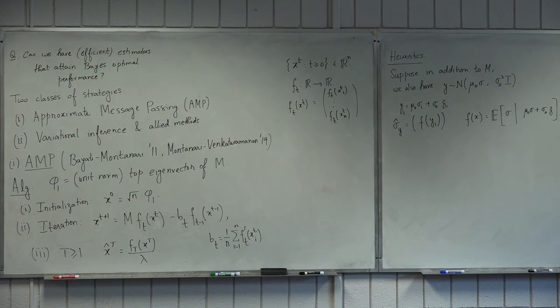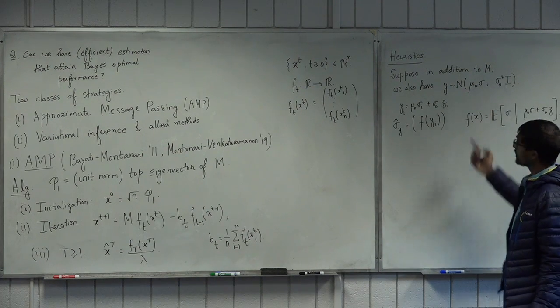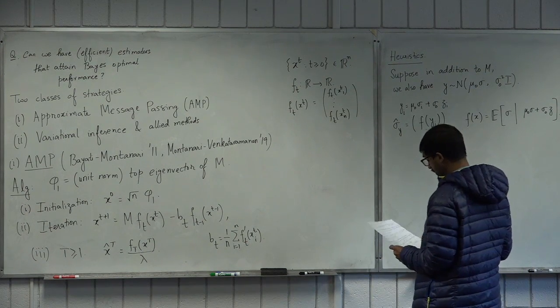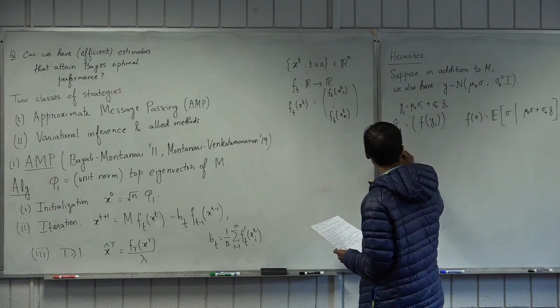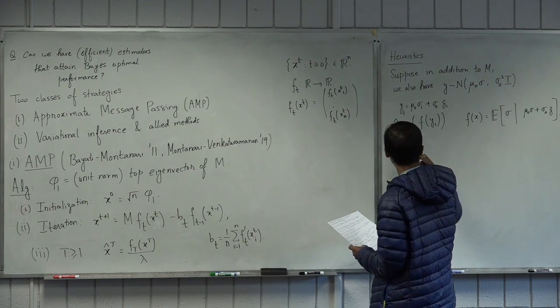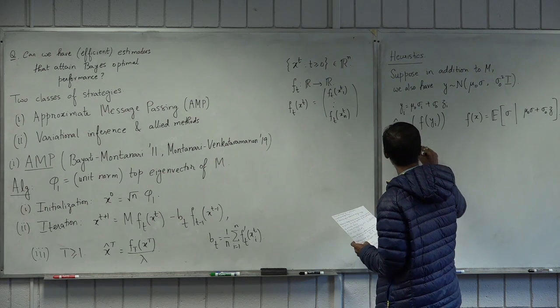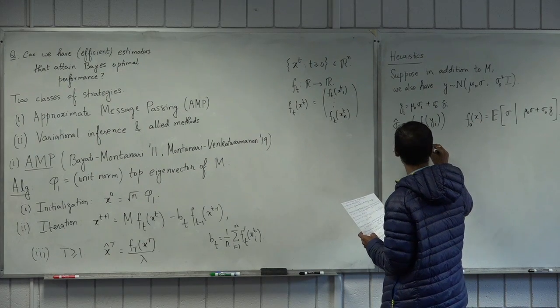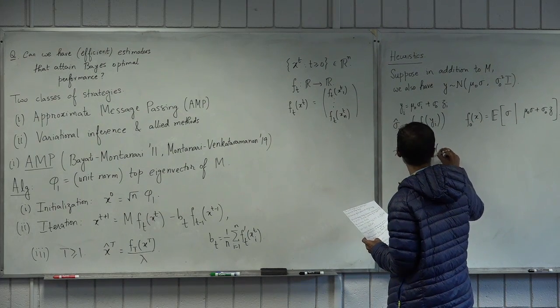But now you can say, well, of course, I still have my matrix M, right? That contains a lot of information. And if I just wanted to do this, then I didn't really use any information from M, right? Of course, if I can extract some information about sigma from M, I should be doing better. So what you can do here is construct a first level estimator x1, let's say, which is M times f0 of y, where I call this denoiser f0.